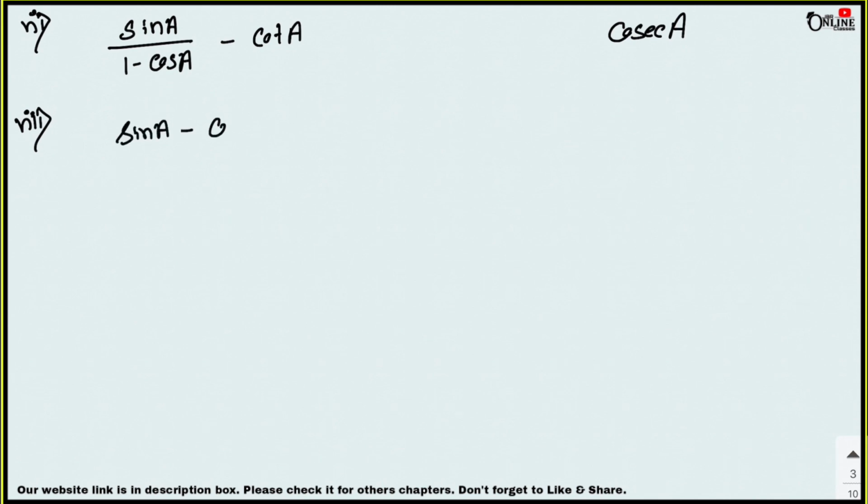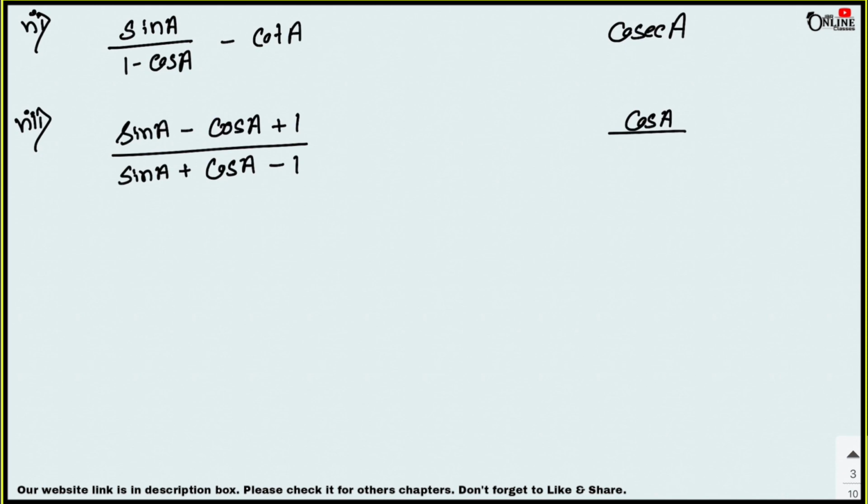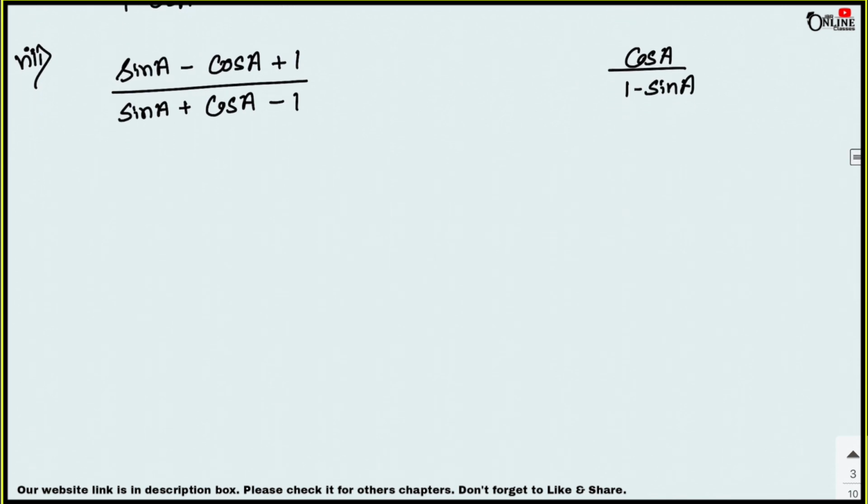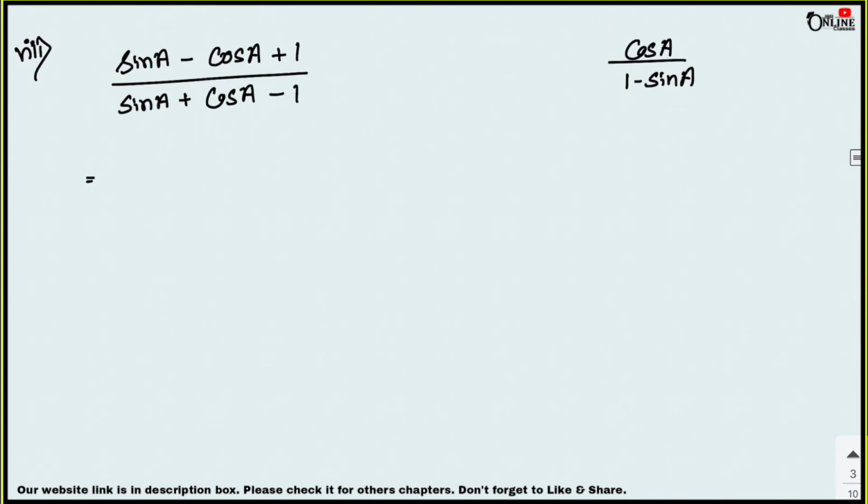Sin A minus cos A plus 1 divided by sin A plus cos A minus 1, and on the right hand side you have cos A by 1 minus sin A. Okay, so now in the upper one you have sin A, then if you take minus common it will be cos A minus 1.